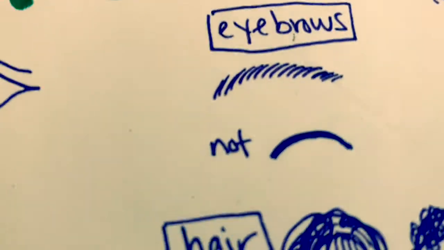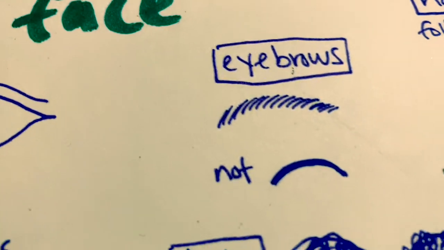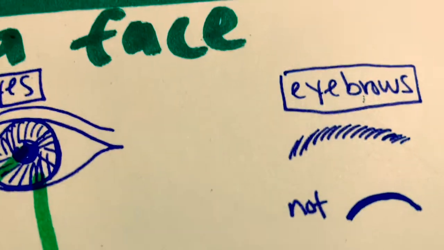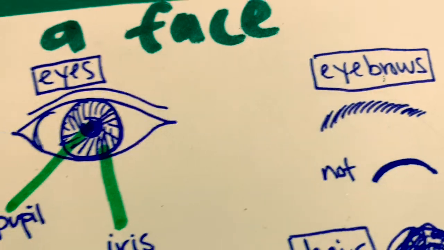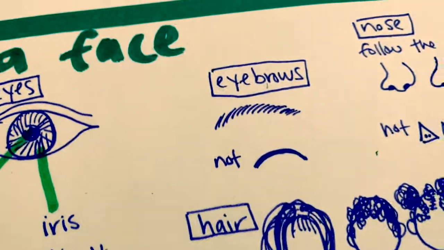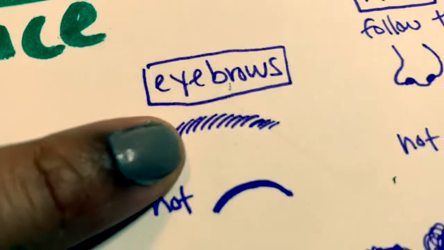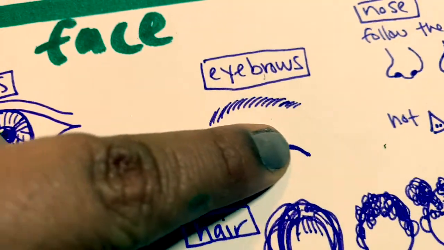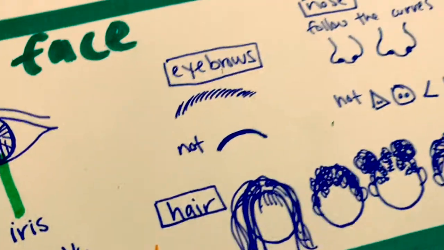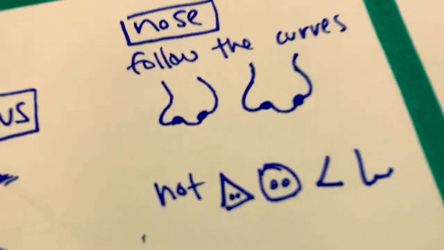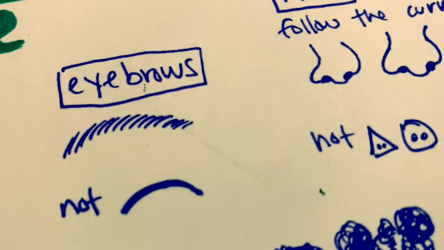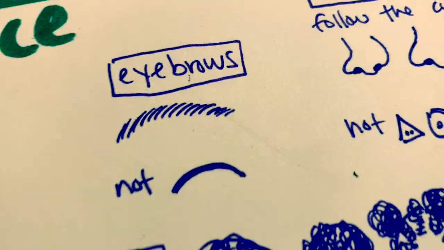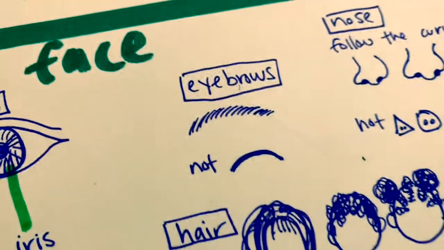Your eyebrows, like your hair, are made up of single strands, not just one thick line, even though I know Frida had thick eyebrows, but they were still made up of tons of little hairs. You can draw the line really light and then fill it in with the hairs. Same with your nose. Follow the shape of your nose, trace your nose. Maybe you can look in a mirror before you start drawing yourself, or sit by a mirror.